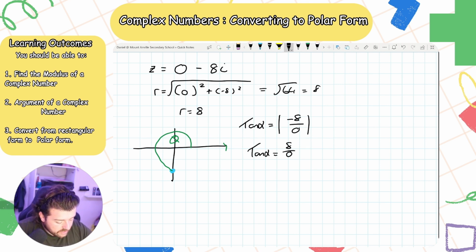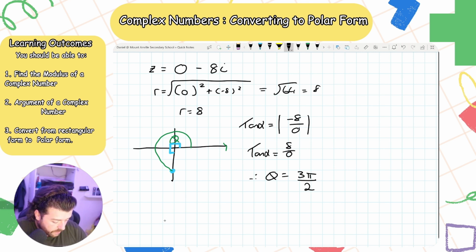And all I know is I can go up in 90s. This first quadrant is going to be 90 degrees. Next one's going to be 90. Then the third quadrant, it moves another 90. So that is going to be pi over 2, pi over 2, pi over 2, which is my argument then. It's going to be equal to 3 pi over 2. That is my argument.